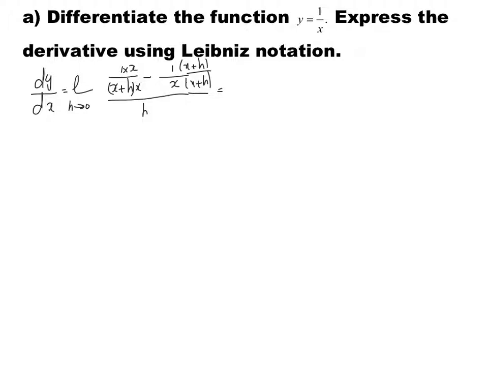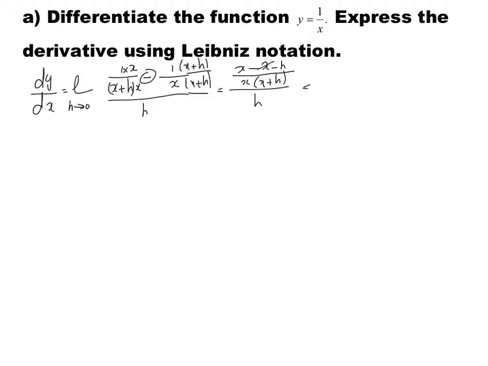Now I can see that the two fractions in the numerator have the same denominator, so I can just subtract the numerators. If I subtract the numerators, I get x minus x plus h, and there is a negative here, so it's negative h over x times x plus h, over h.